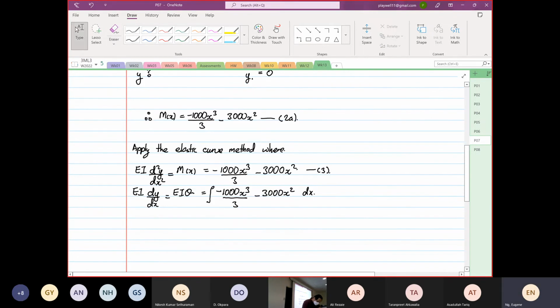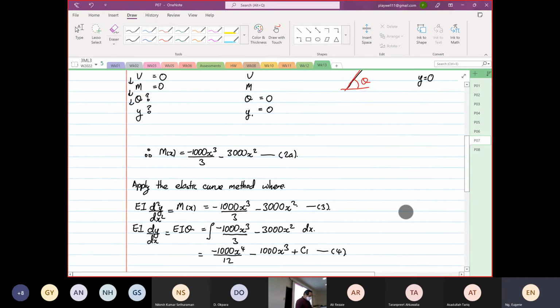So this will be equal to minus 1000 x to the 4 over 12 minus 1000 x cubed plus C3. And this is going to be your equation number 4. 3000 divided by 3 is 1000. So now you can use your boundary condition.